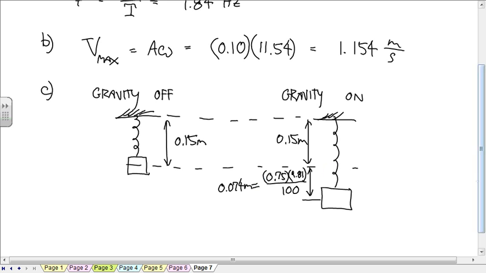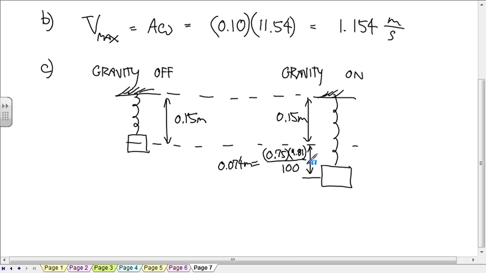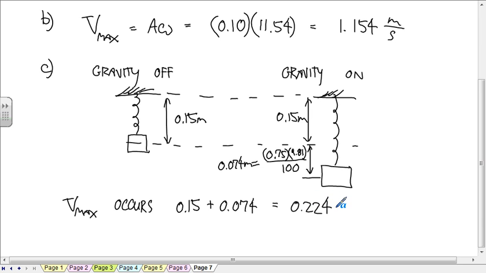So the total distance from the ceiling, and this equilibrium position is also where it's going to be at its fastest. It's where it's going to reach that maximum V. And so Vmax occurs 0.15 plus 0.074, which is 0.224 meters below the ceiling.